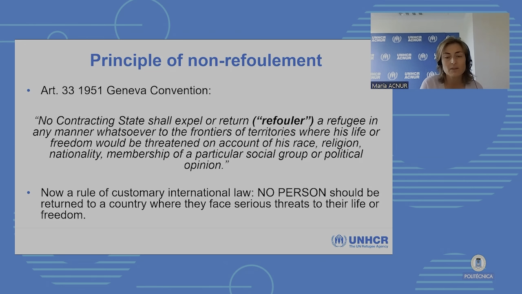It doesn't mean that the person has to have any documentation or has to be registered. It's just from the moment that the person expresses it that the protection should be in place. In practice, that's tricky, that's difficult to protect a person that has only expressed the will to apply for asylum.